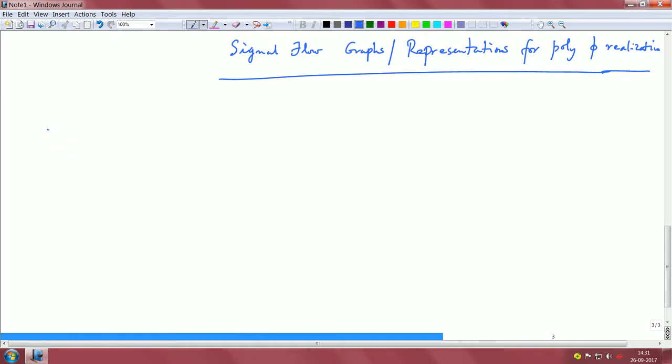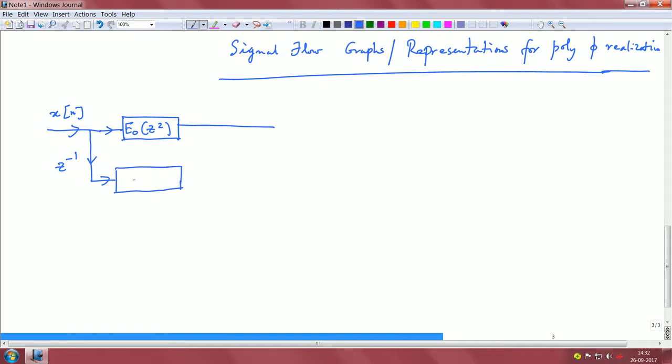So, we will start with the analysis bank. So, we have x of n, this goes through the filter E naught of z square. Then I have a delay element, this is filtered through the filter E1 of z square.